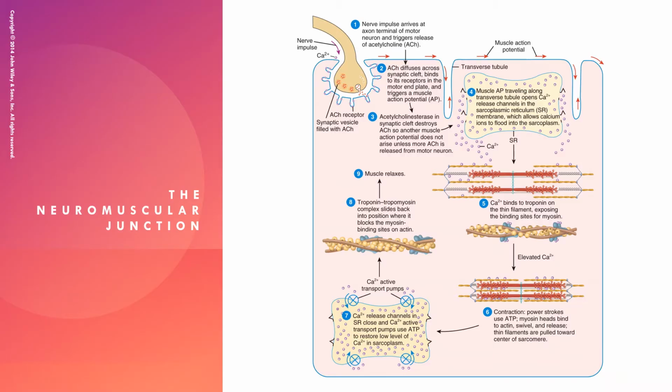Okay, so a nerve impulse or a nerve action potential actually causes a muscle action potential with the following steps that we're going to go through. So in the first step here, we have the arrival of this nerve action potential at the synaptic end bulbs, and it stimulates those voltage-gated channels to open. These are the voltage-gated channels on the nerve synaptic end bulb here.